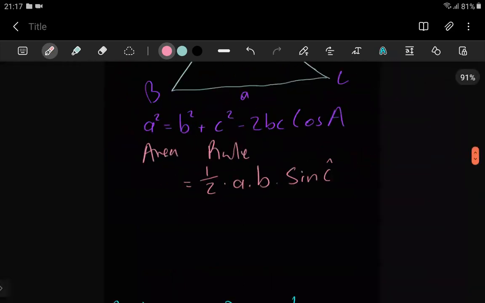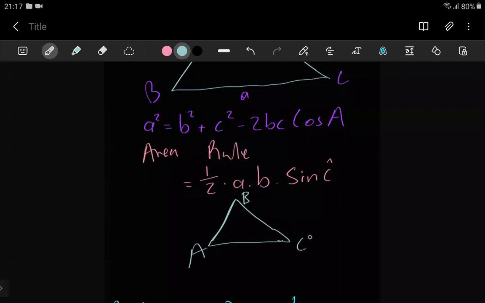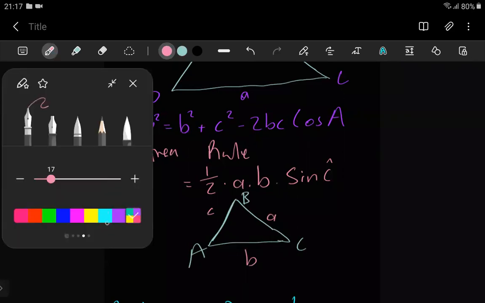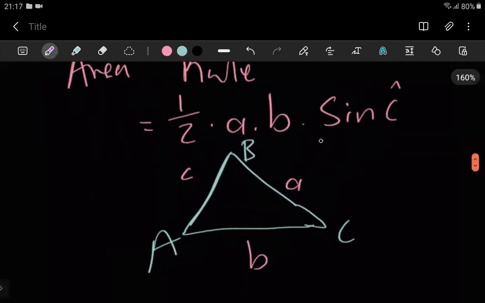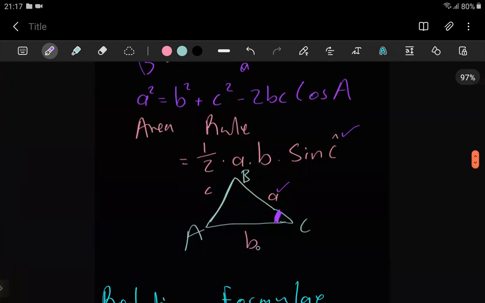The idea with this formula is it specifically works where the triangle has A, B, and C as the sides. Remember, if this is A, this side will be labeled A. If this is B, this side will be labeled B. If this is C, this side will be labeled C. So for you to use the area rule, you specifically need this angle here, and the side here and the side there.